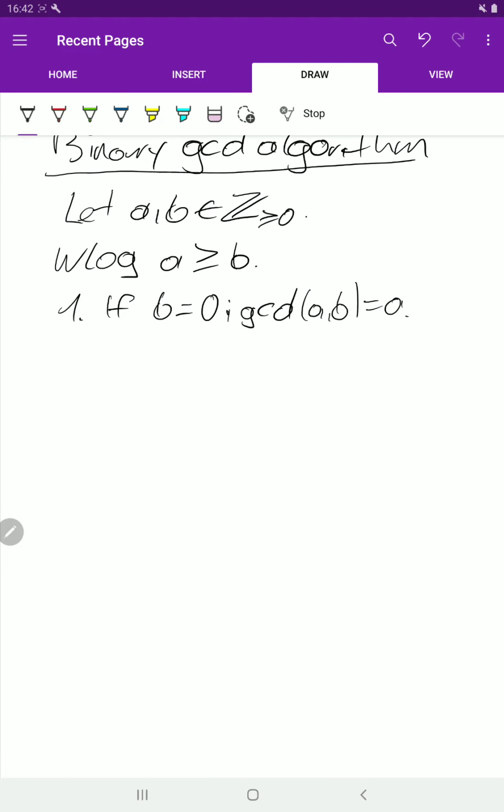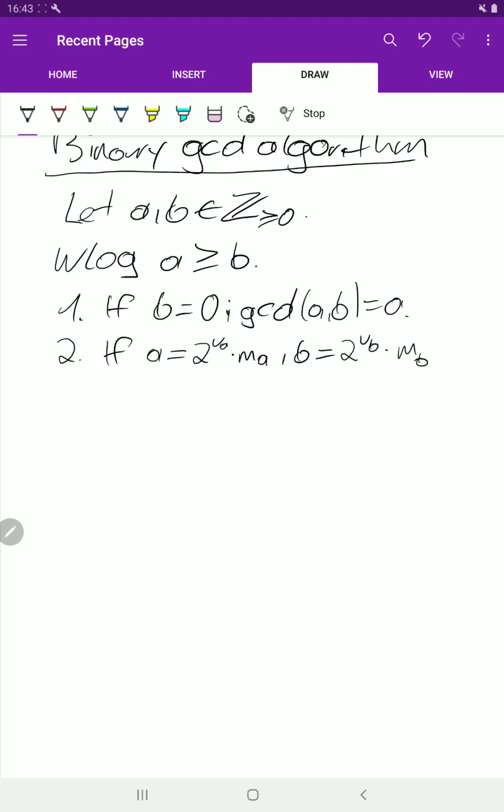Otherwise, we can divide by powers of 2, so we write a as 2 to the ν_a times m_a, and b as 2 to the ν_b times m_b.